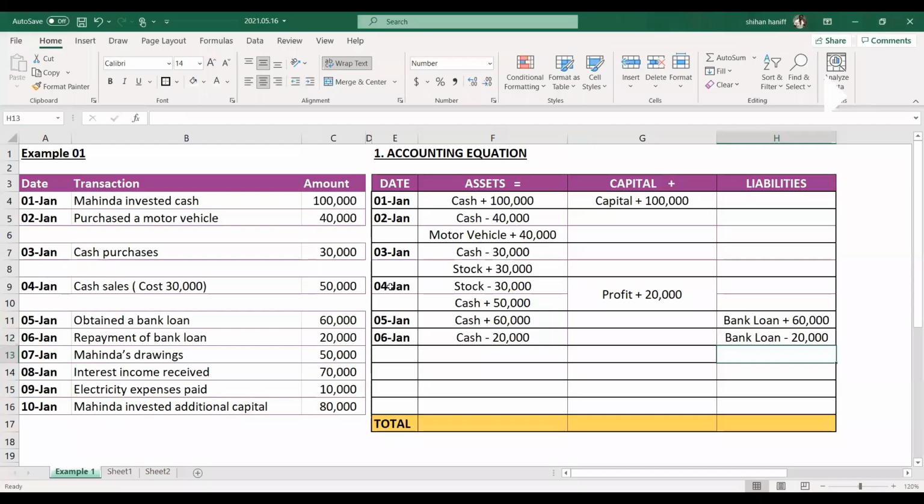Drawings means owner takes money from the business. Cash will minus 50,000. Capital will minus 50,000. 8th January.